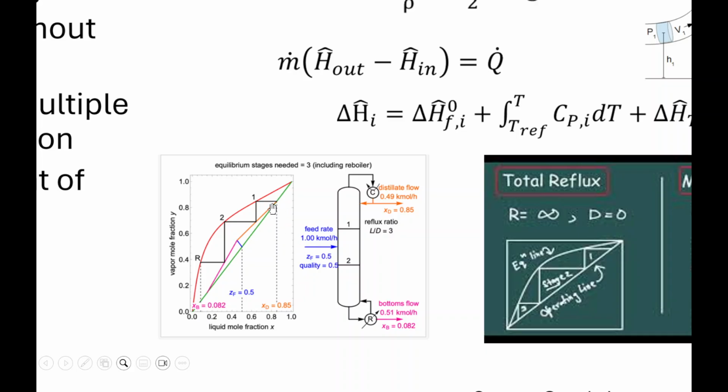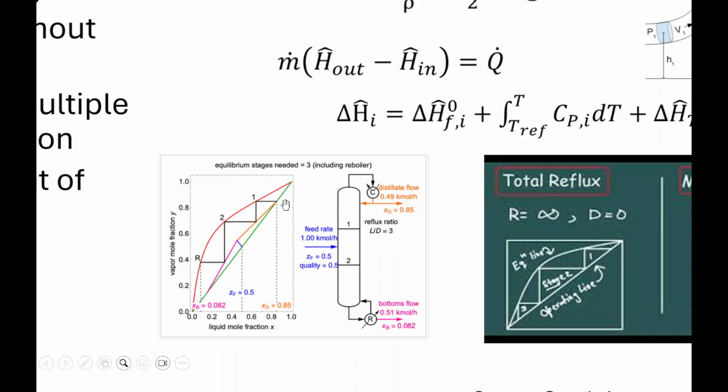This is your XD, or you can say the mole fraction of your more volatile component in the distillate, and this is XB, the mole fraction of your more volatile component in your bottoms.